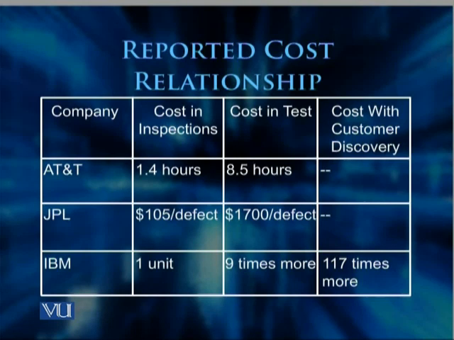For IBM study 2, it's 1 unit cost in inspections. It is 9 times more if it is done in testing, and it is 117 times more if it is done while in maintenance. So you see, with these 2 charts you should be convinced.